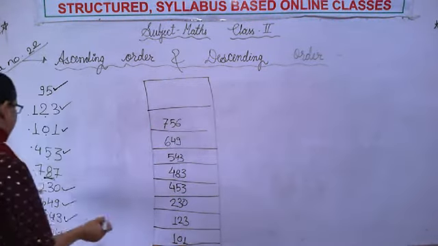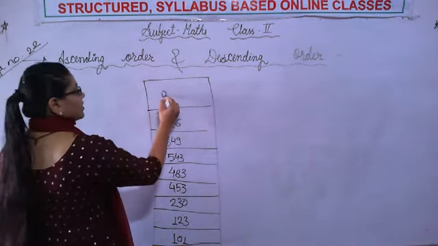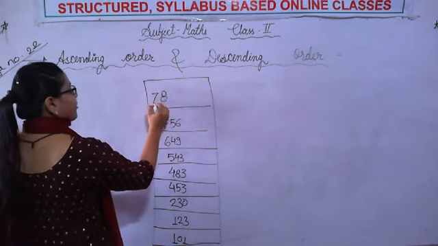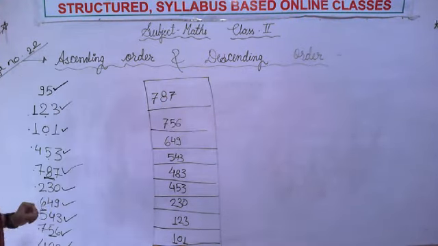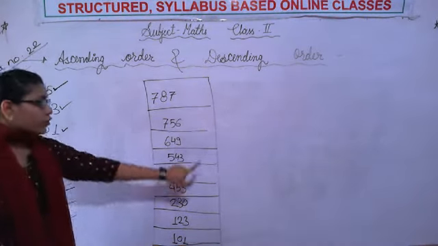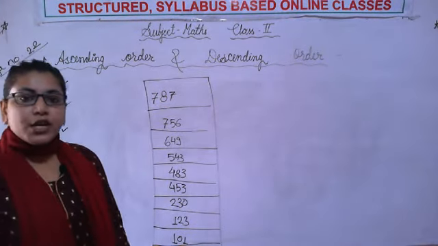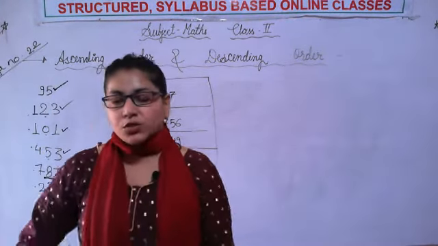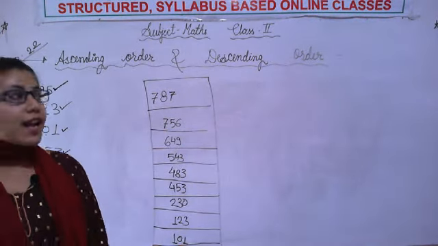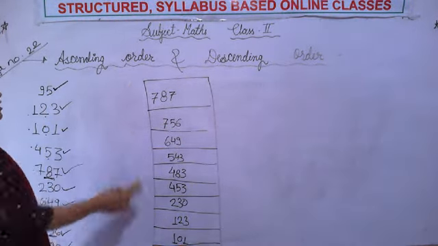Then at last we will write 787. So this is how we arrange the numbers from smallest value to biggest value, and putting the numbers from smallest value to biggest value is called ascending order.